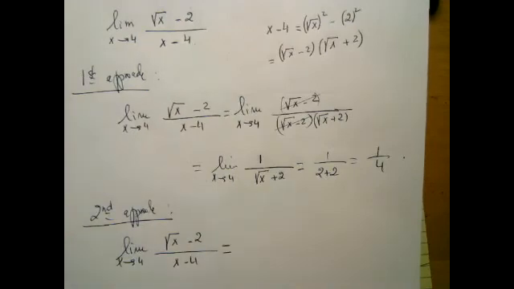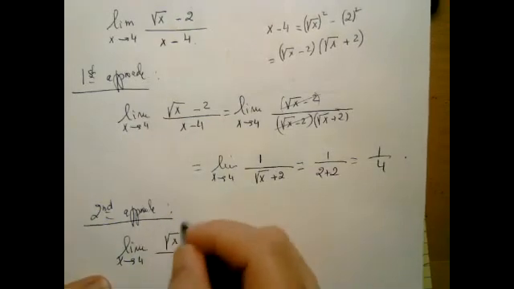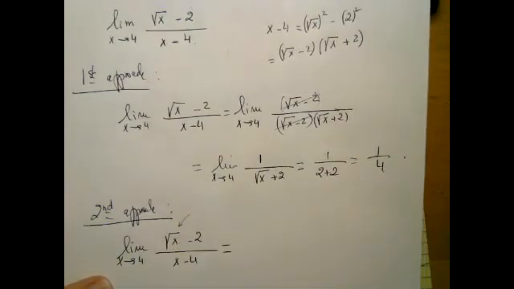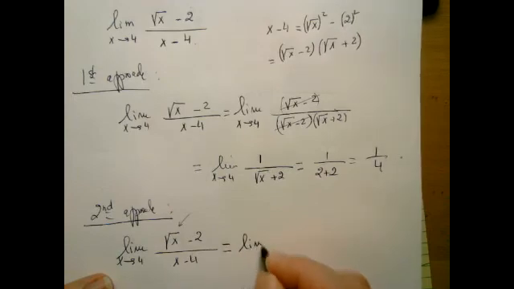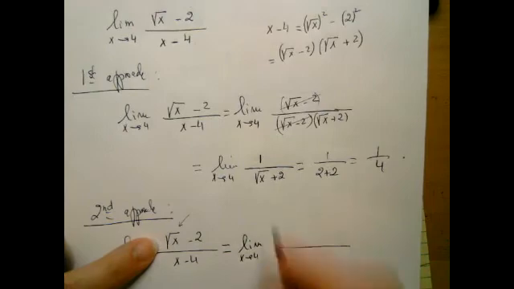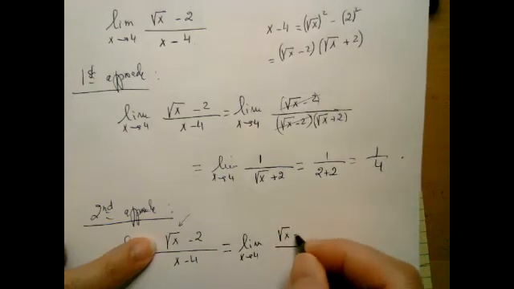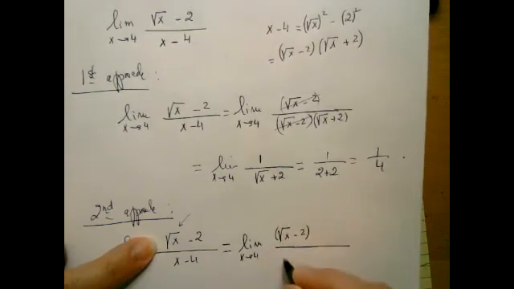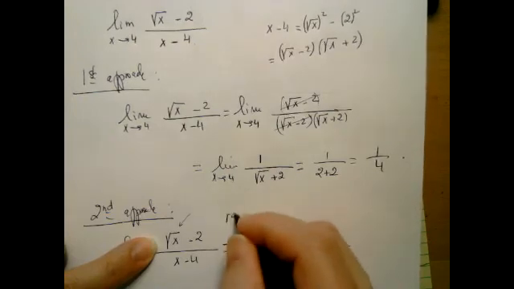It means we are going somehow to try to get rid of the square root of x. I mean, kind of. So the idea is the following. You have the square root of x minus 2 over x minus 4. That's called rationalization.